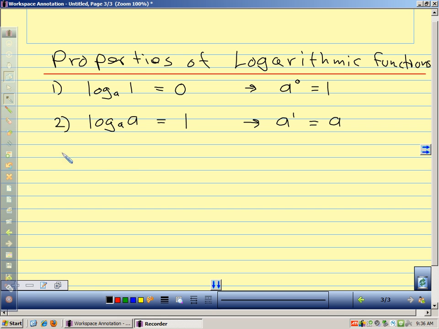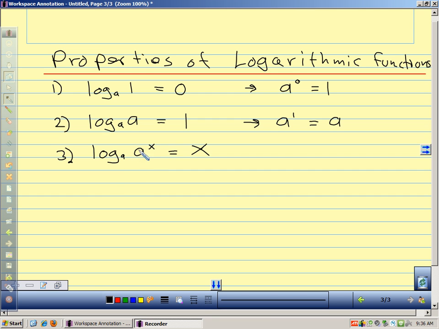And we said that the logarithmic function and the exponential function undo each other, or they're inverse functions, just like the square and the square root function, or multiplication undoes division. So if we have the log to the base a of a to the x, that just gives us x.